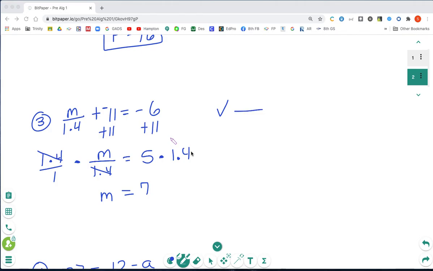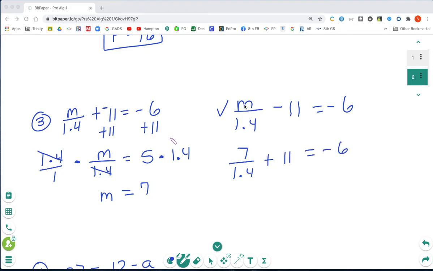So I'm going to write the original equation, M divided by 1.4 minus 11 is equal to negative 6. Everywhere I see the M, I'm going to put in my 7. 7 divided by 1.4 minus 11 is equal to negative 6.